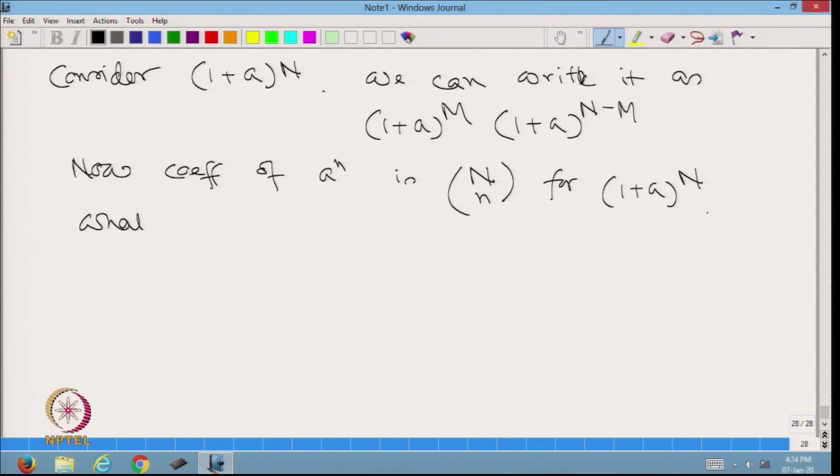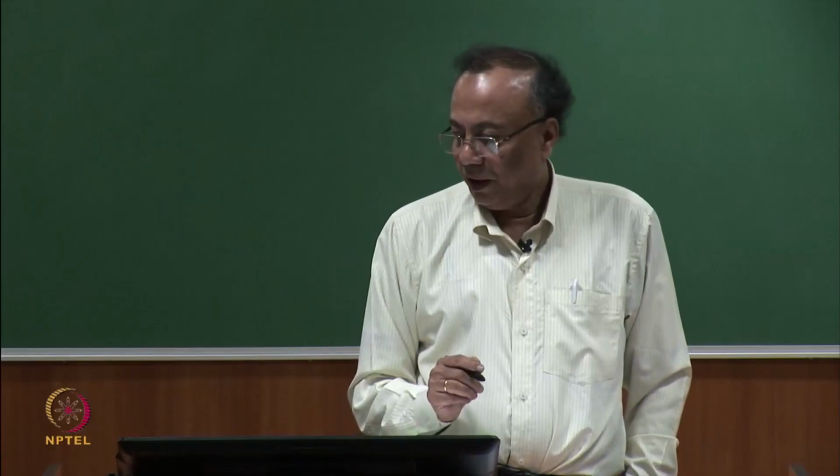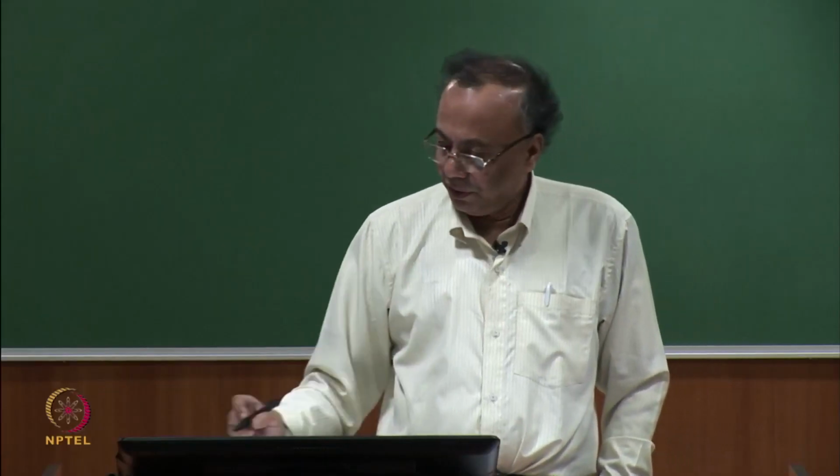What is the coefficient of a to the power n in 1 plus a whole to the power m into 1 plus a whole to the power n minus m? I want you to calculate that and see that this actually is giving the sum of the probabilities that we get from the hypergeometric distribution.